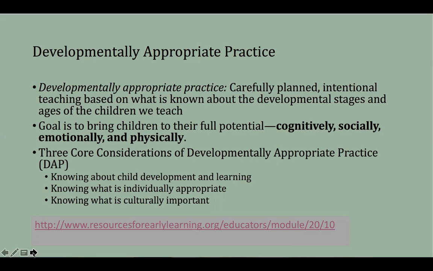So these three core considerations are separated out, but they fundamentally are connected. And in order to have a developmentally appropriate practice, you need to know these three things to develop that learning experience that will be impactful for that individual child.